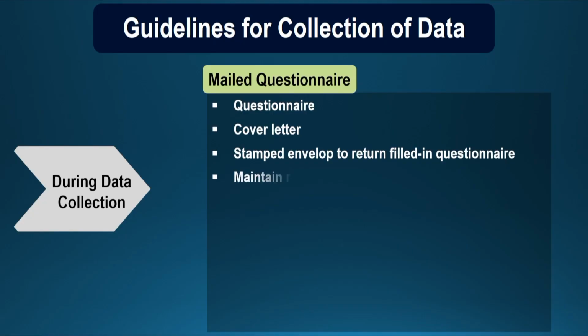And when the questionnaire is being mailed, complete records need to be maintained as to who has been sent the questionnaire, and an appropriate serial number can be assigned to the sample which has been selected for the study.